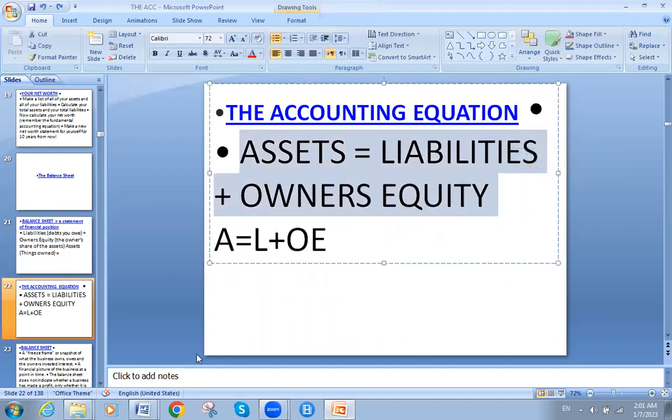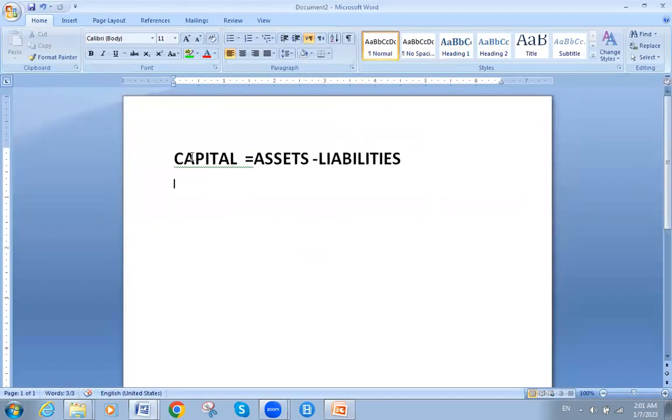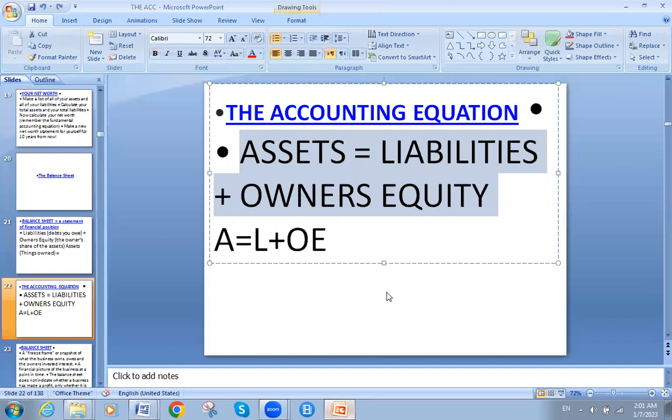Even if you take one of them out to the other side, owner's equity, we call it the capital, will equal the assets minus the liabilities.